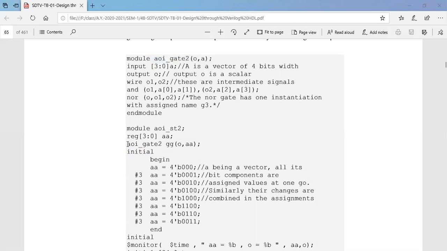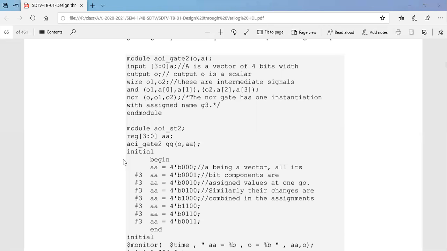I am instantiating it with the local name GG. Okay, and here we have given the register as AA. It is also a 4-bit vector. Here A is a 4-bit vector.